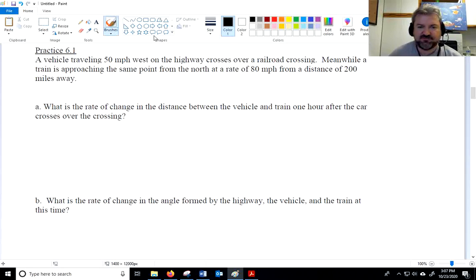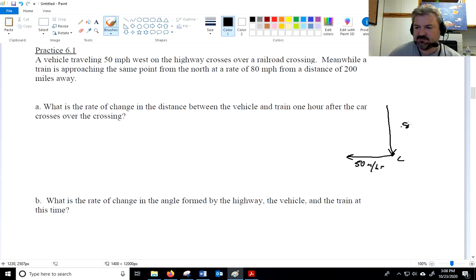The vehicle is traveling 50 miles per hour west on the highway, crosses over a railroad crossing. So this is our railroad crossing, which I'll just call C. And we're traveling this direction at 50 miles per hour. At that moment, a train that is 200 miles away is traveling this way at 80 miles per hour.